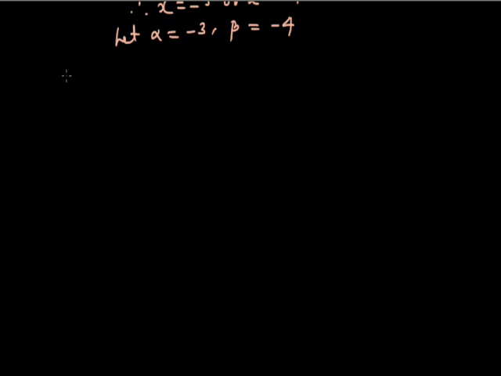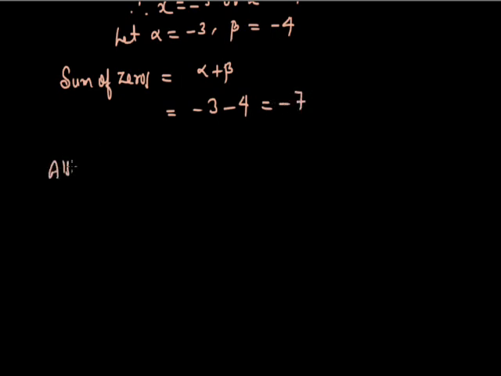So first we are taking sum of zeros. Sum of zeros, α + β, will be equal to −3 − 4, which is equal to −7.